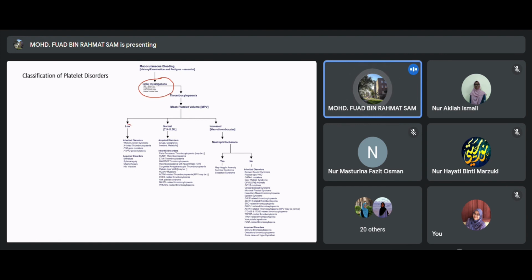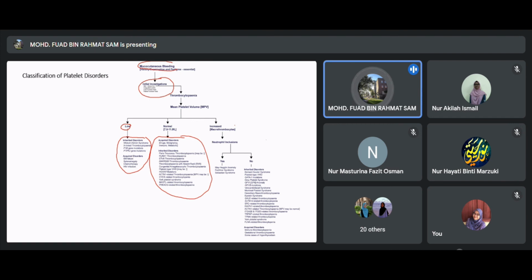Kalau low, so dia akan ada possibility the interpretation will be the inherited disorder ataupun acquired disorder. Ini senarai-senarai penyakit or pathological conditions that might contribute to kenapa berlakunya low thrombocytopenia. Kalau normal MPV pun mungkin kita kena consider mungkin ada serta-serta penyakit yang mungkin berlaku juga sebab dia ada mucocutaneous bleeding kan, history dia.